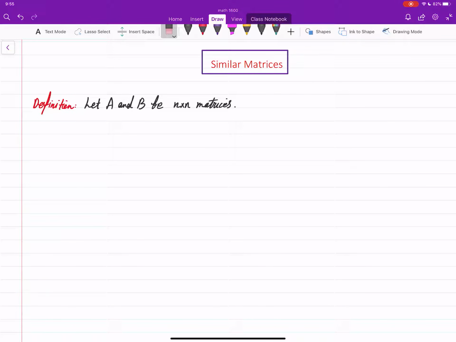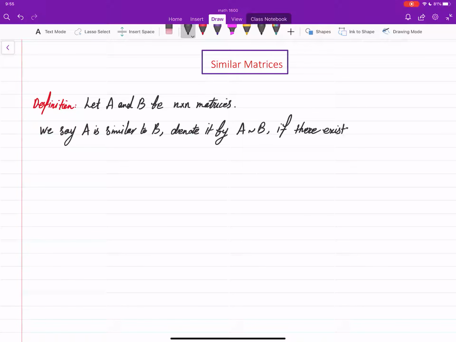Then we say A is similar to B, and the way we denote it is A tilde B, if we can find a square invertible matrix, if there exists an invertible matrix P such that when you multiply P from the right to A and the inverse of P from the left to A, we get B.